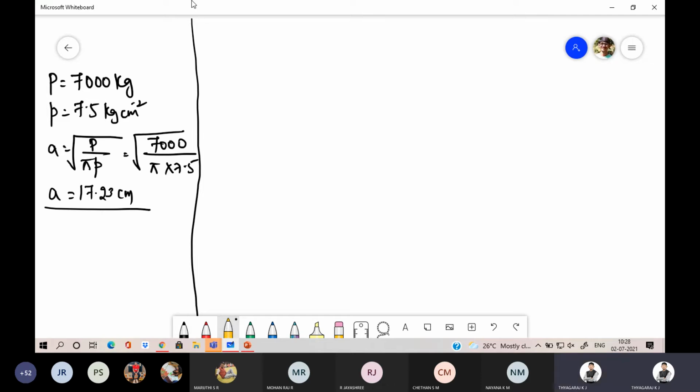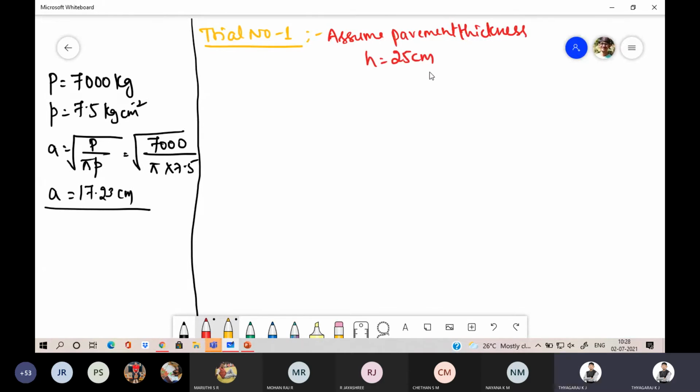Now trial number 1. I told you this is based on trial and error. So we will be assuming the pavement thickness h is equal to 25 centimeter.